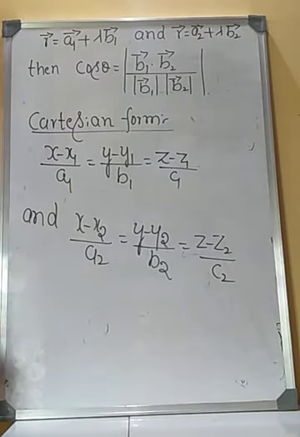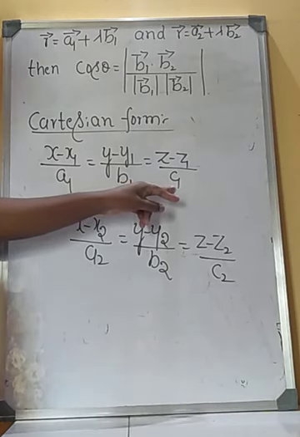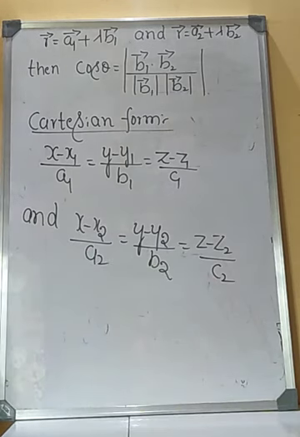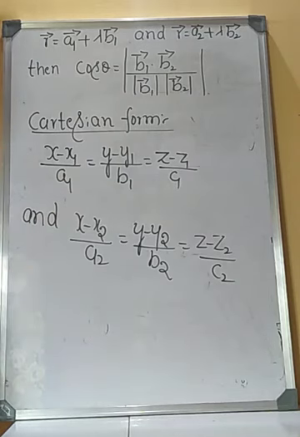where a1, b1, c1 and a2, b2, c2 are the direction ratios of lines 1 and 2 respectively.